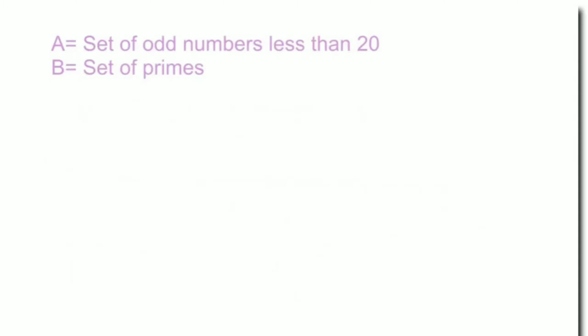The backslash symbol that we see here denotes elements of A that are not in B. So if we come back to our example, here we have set A is odd numbers less than 20 and B is the set of primes, then the set A that is not B will be all the odd numbers less than 20 that are not prime. 1 is not prime, 3 is a prime, 5 is a prime, 7 is a prime, 9 is not prime, 11 is, 13 is, 15 is not.